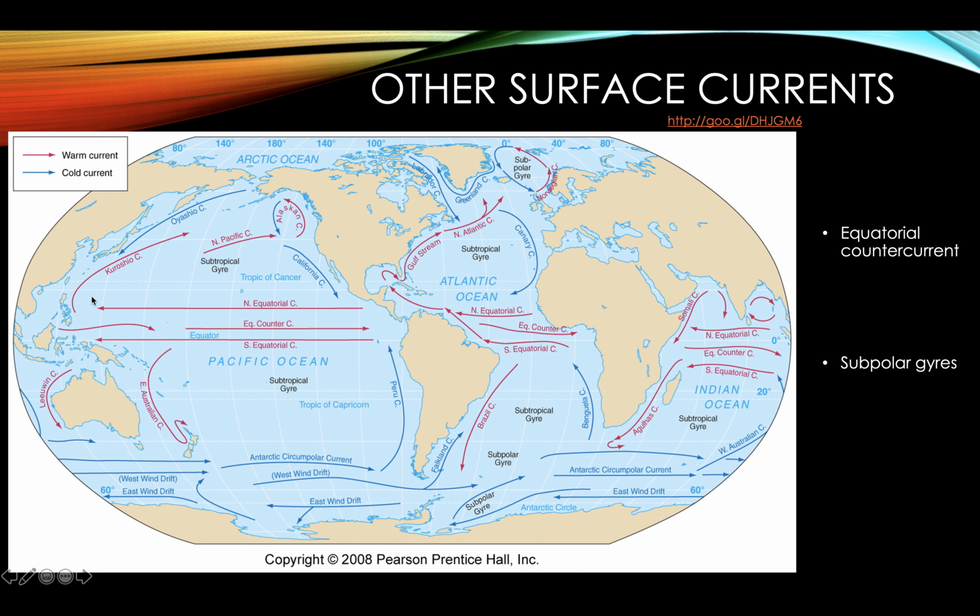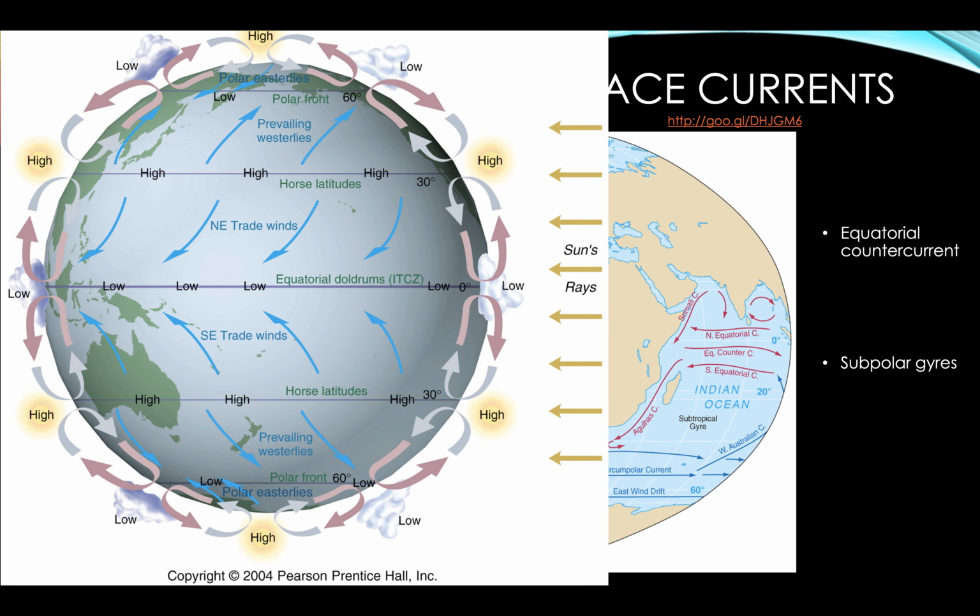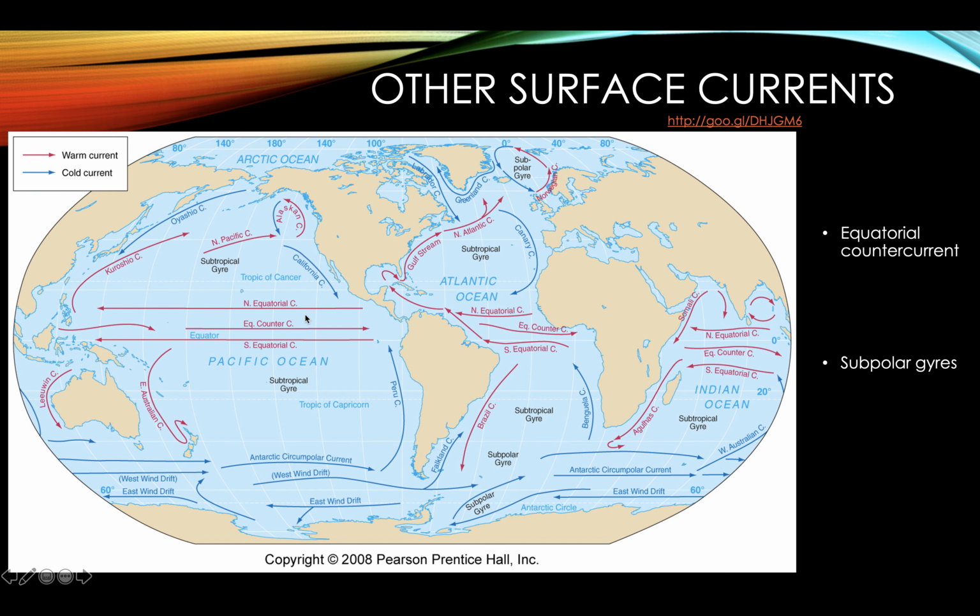And if we look at our wind belts, our wind directions, we can see that we have the northeast trade winds blowing from east to west in the northern hemisphere. And we have the southeast trade winds also blowing from east to west in the southern hemisphere. So we would expect surface currents to mainly parallel that, right? So that would make sense that ocean currents move from east to west. So here we can see that shown by these 2 arrows.